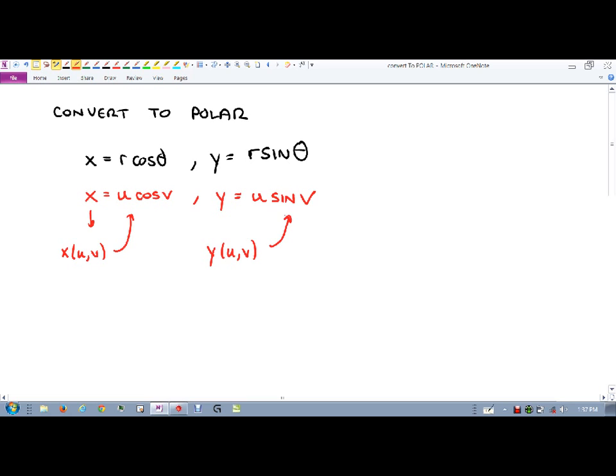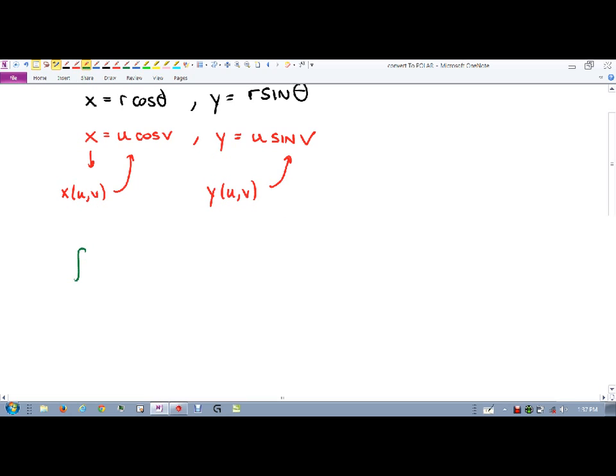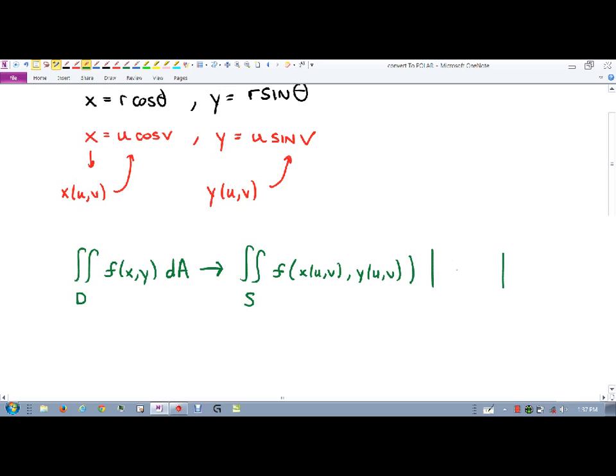So if I had an integral that started out as a double integral over D of f of x, y, dA, and I want to convert that into this new region, I'm told that I should replace the x with my function of u and v, replace the y with my function of u and v into my function, and then in here, my Jacobian determinant, right? I'm just going to put Jacobian determinant like that.